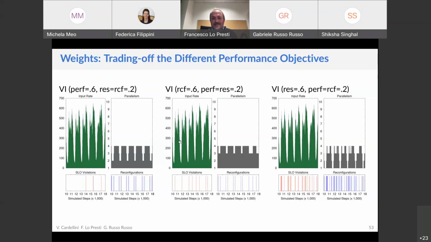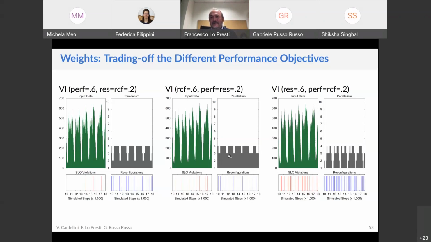If we look instead at not reconfiguring too much, then we get something very different: the system ends up using more resource on average, just because it wants to be sloppy and doesn't want too many reconfigurations. We have a higher number of violations, less reconfiguration, and more resource consumption.